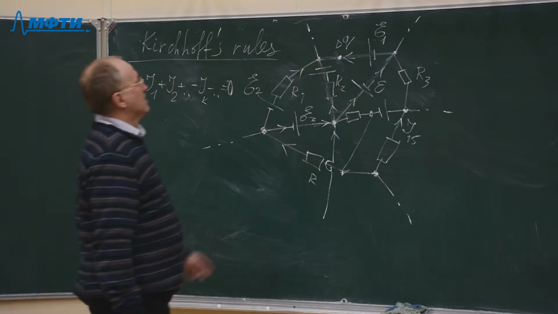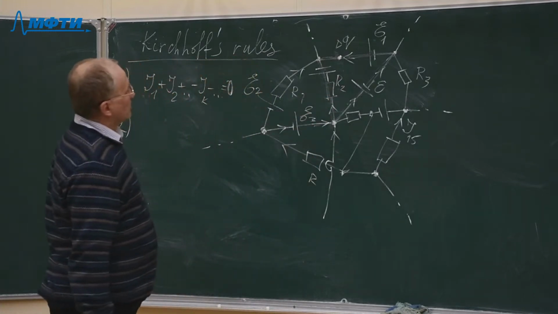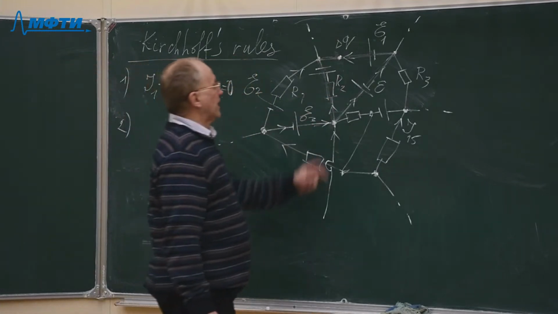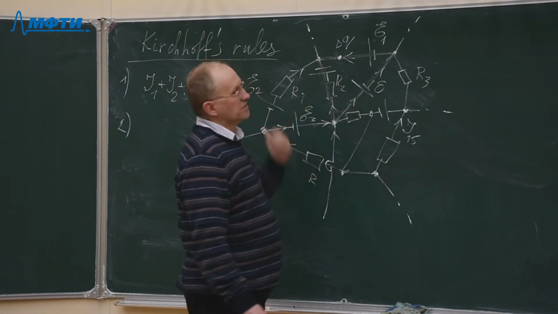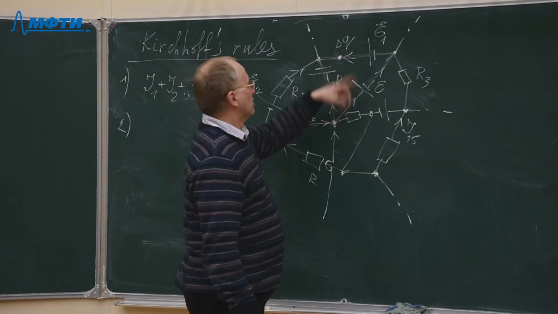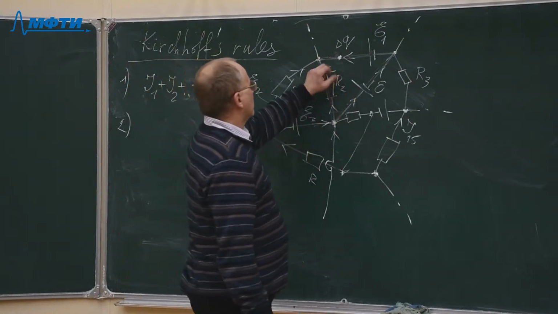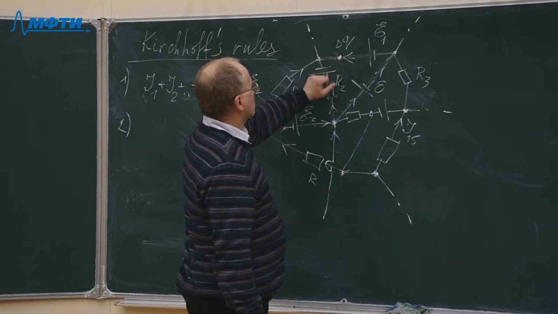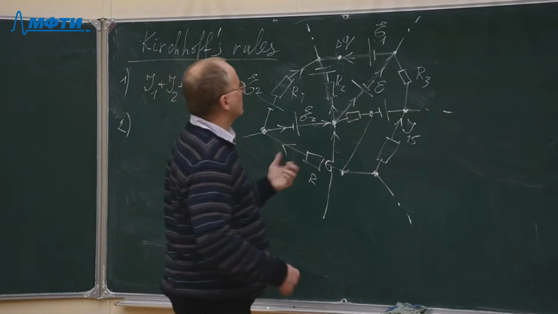If it were positive, then we would have the possibility to obtain an infinite amount of work by just pulling the charge in this circuit. But it's impossible. There is a law of conservation of energy, and we cannot obtain infinite energy from nothing.